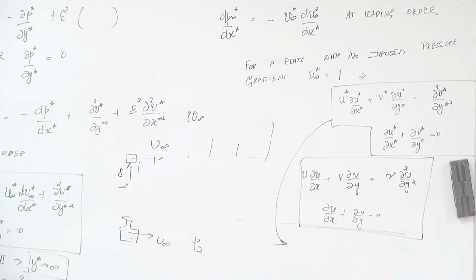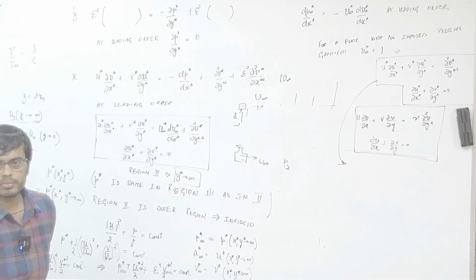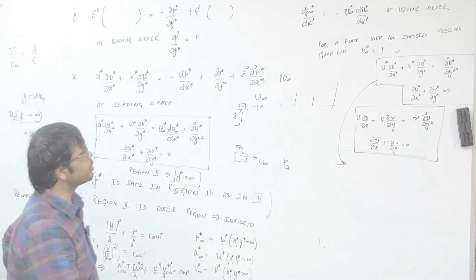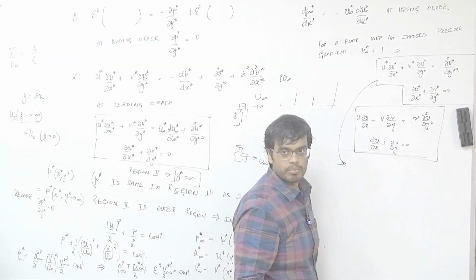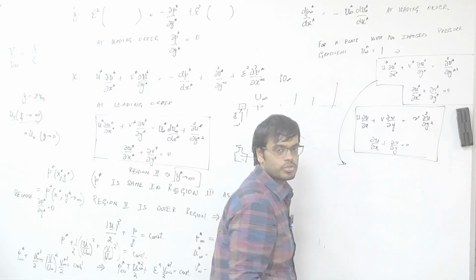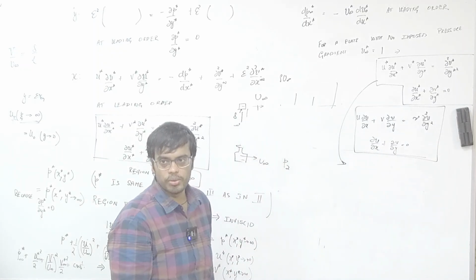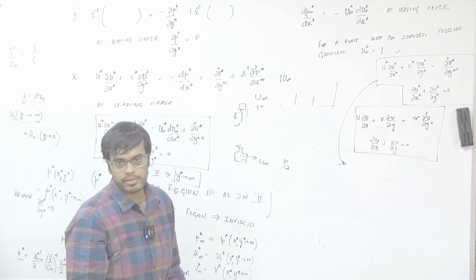One? For which one, u or v? Just look at the order of derivatives. You have first order in y for v, so you need one boundary condition in y for v. It is second order in y for u, so you need two boundary conditions in y for u. You need one boundary condition in x for u as well, because you have del u by del x.